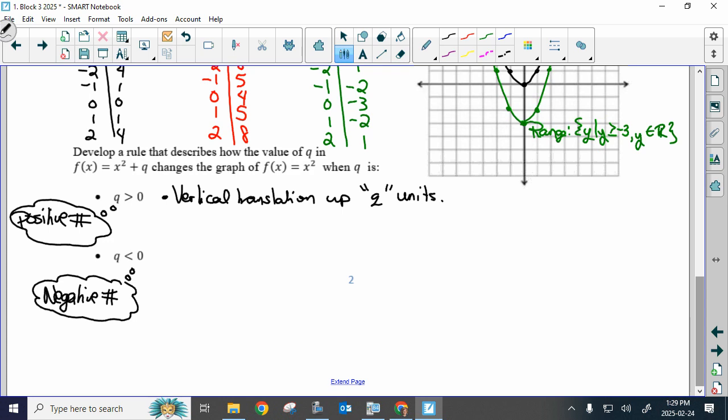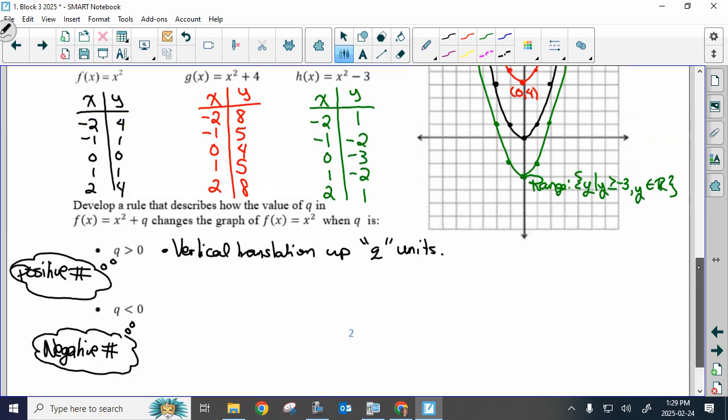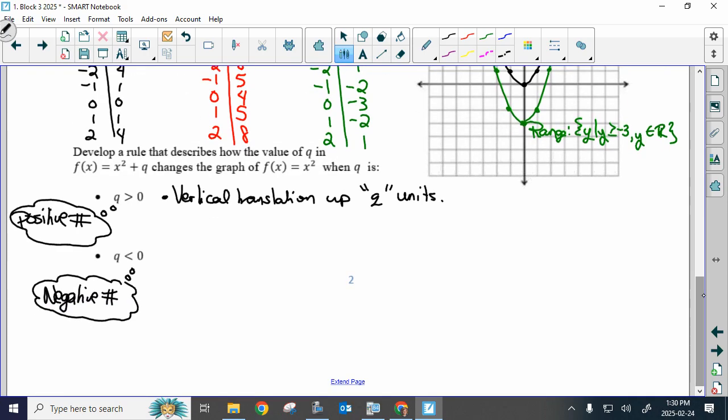And maybe I should have talked about that with the a's. When it said a was greater than 0, you're thinking it's a positive a. If a is less than 0, it's a negative a. Okay? So if your q is negative, so right here, we had a negative q value, -3. Maybe I should have color-coded that.